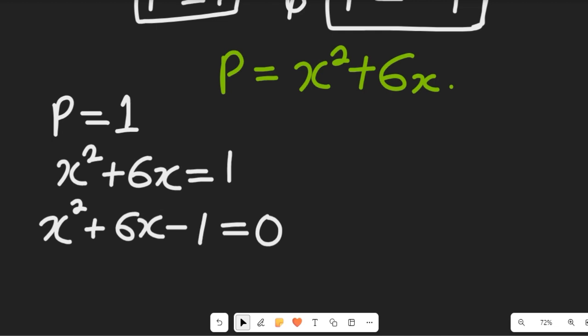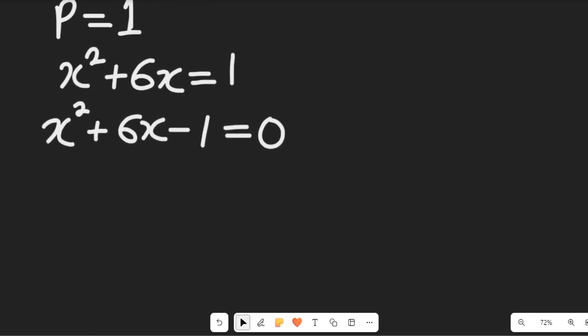Now, since it's a quadratic expression, we're going to solve this using the quadratic formula. From this expression, we can see that this is not factorizable because we can't find two values that multiply to give us negative 1 and, when added, give us plus 6.